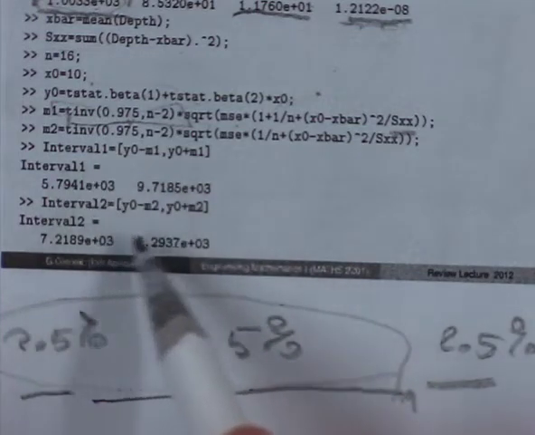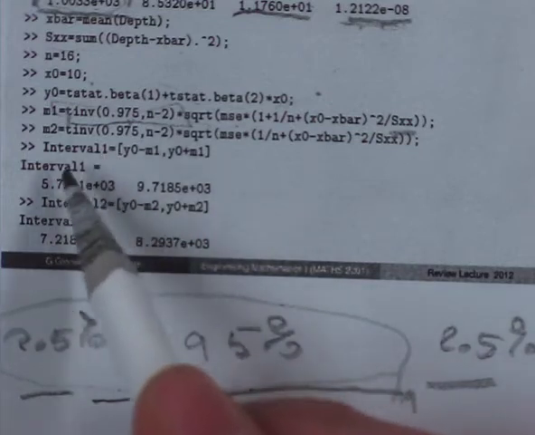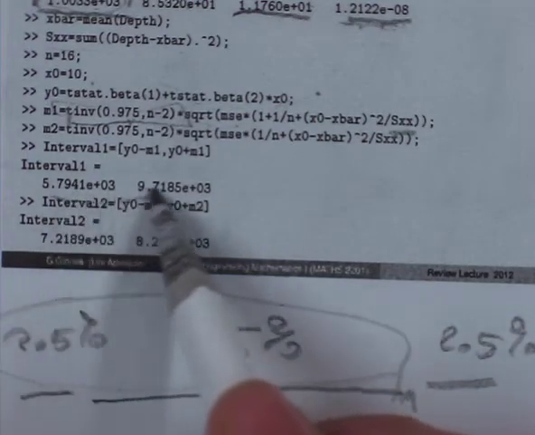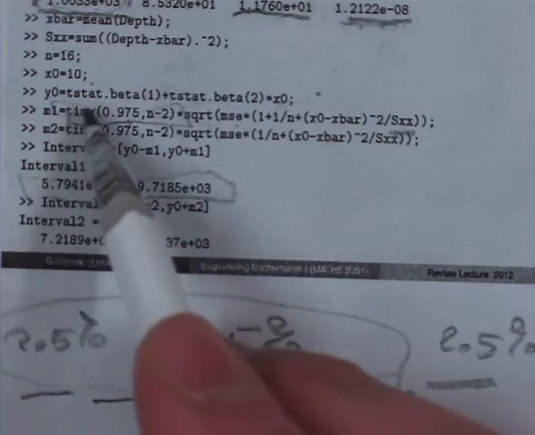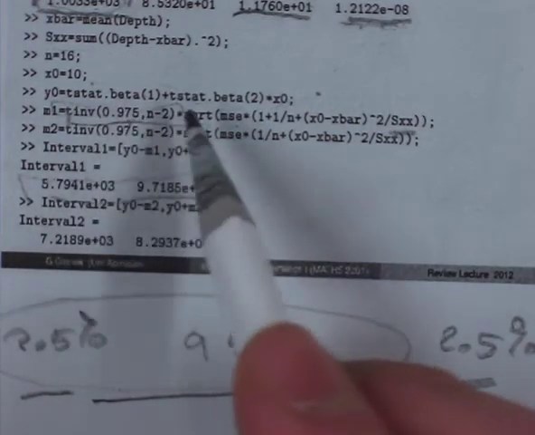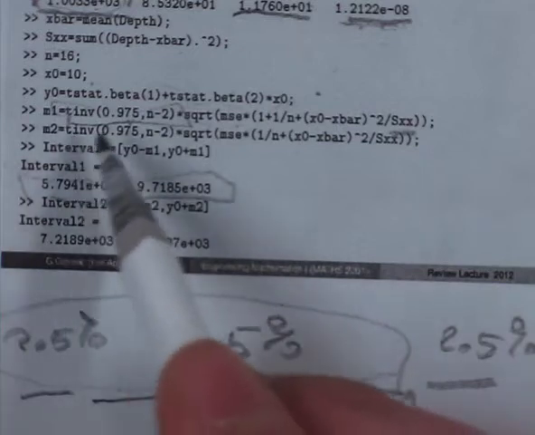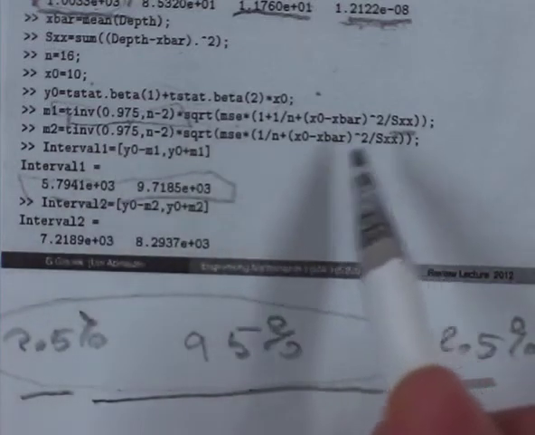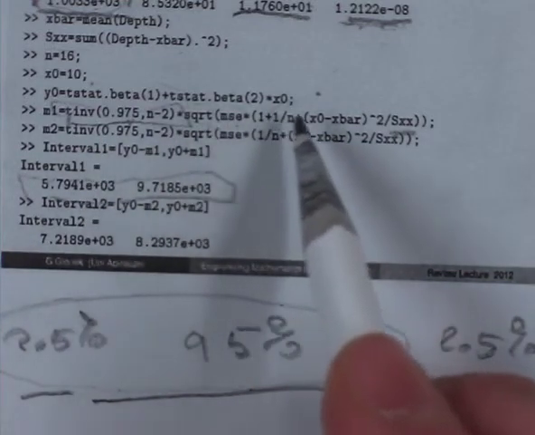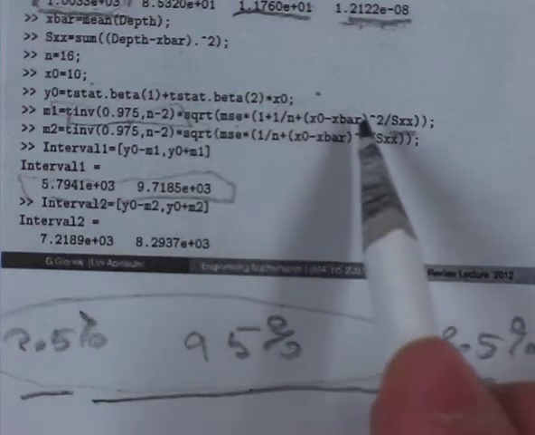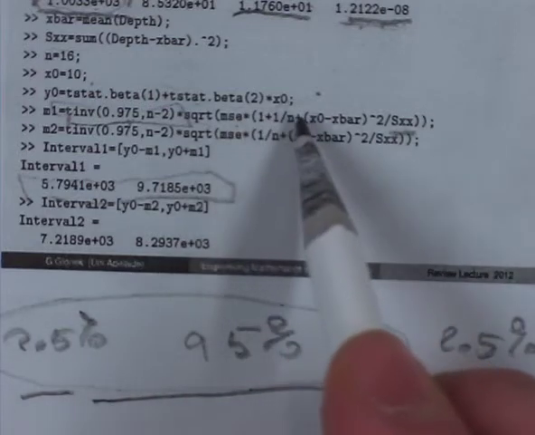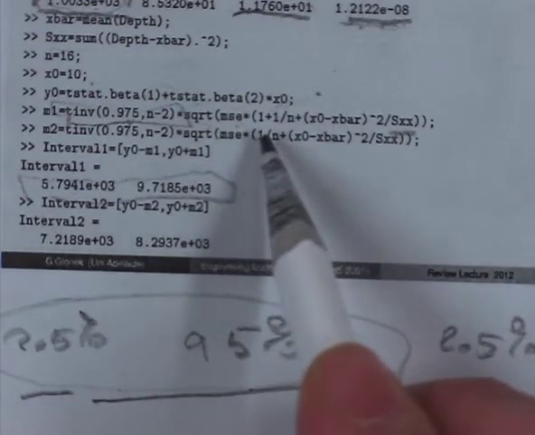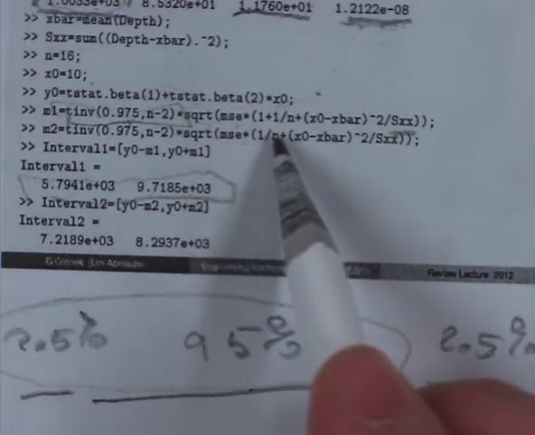You can see that this is my t star times the standard error, and this is a t star times a different standard error. And this one is the one for the prediction interval, because it's got a 1 plus 1 on n. And this one is the one for the confidence interval, because it's just the 1 on n.